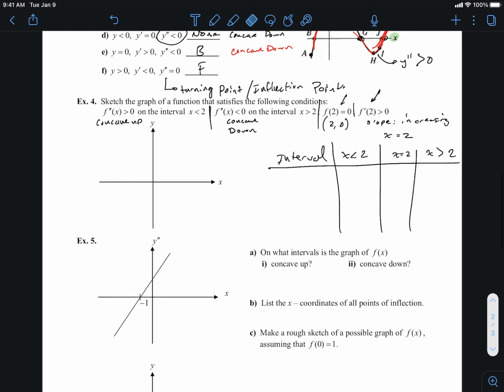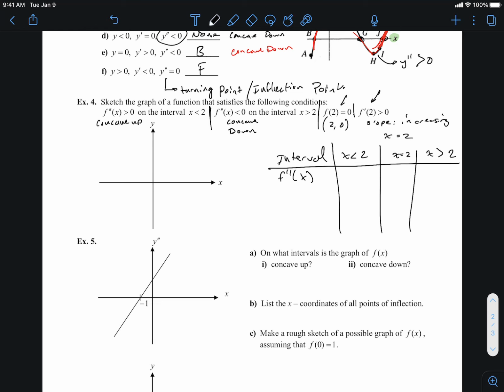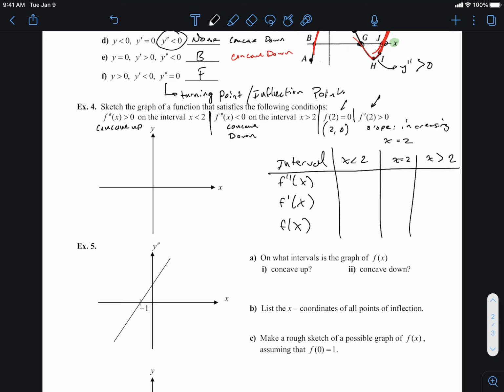So for the original function, you're going to try and fill in all the information they've given you in the question. You can only fill in what you actually know, and then you can sketch it accordingly. We want the second derivative on the interval x less than 2 to be positive, so concave up.